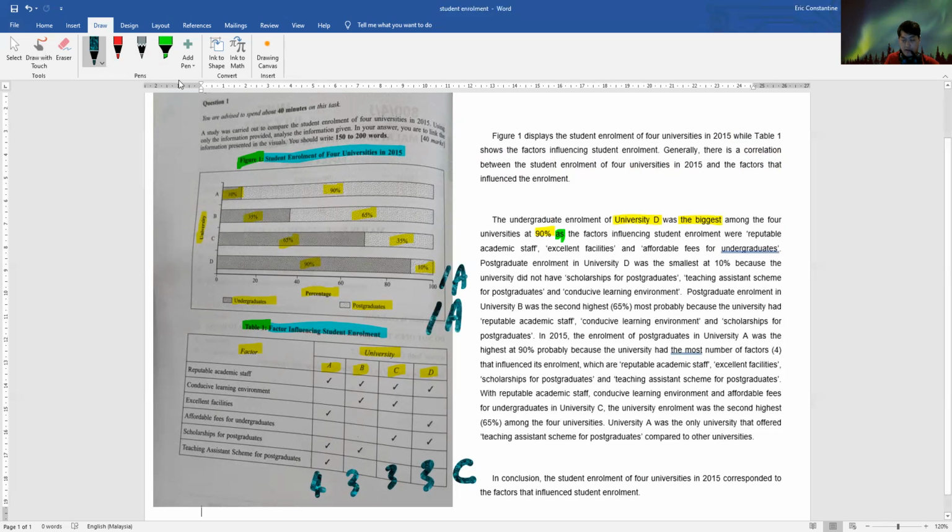Now, because factors influencing student enrollment were reputable academic staff, consider this as one word. Look at the single inverted comma. Okay, we consider that as one word. Excellent facilities, one word. Affordable fees for undergraduates, also considered as one word. Just pay attention to these single inverted commas.